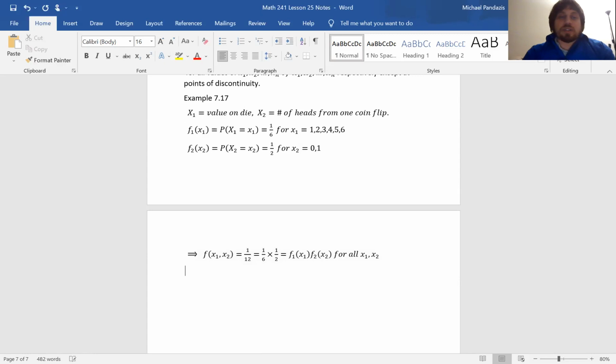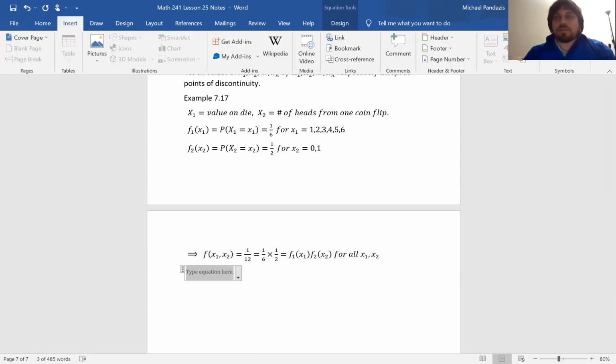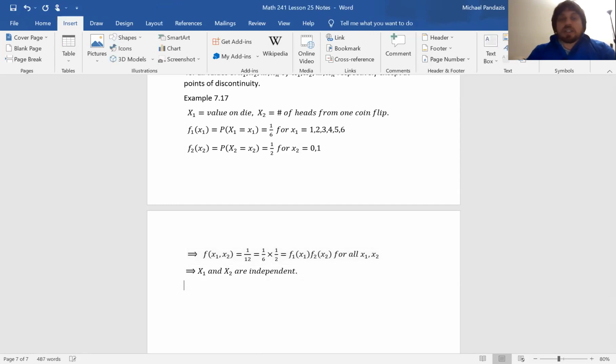And so therefore, X1 and X2 are independent.